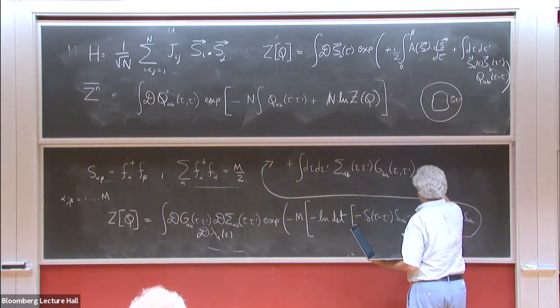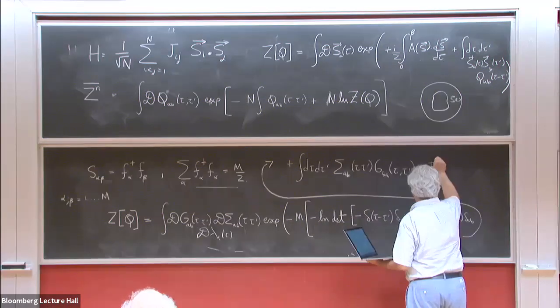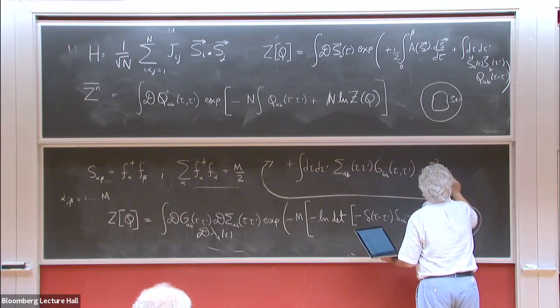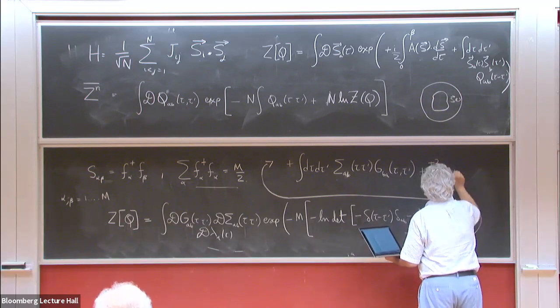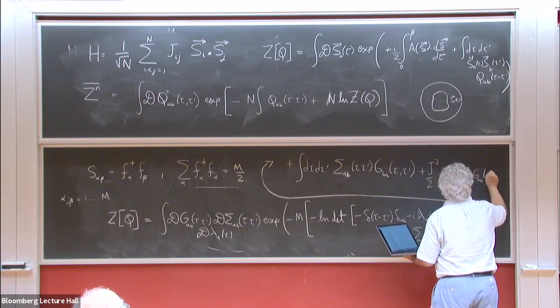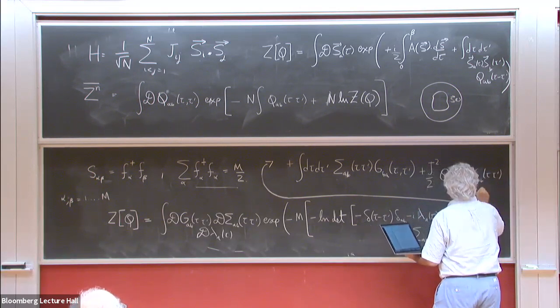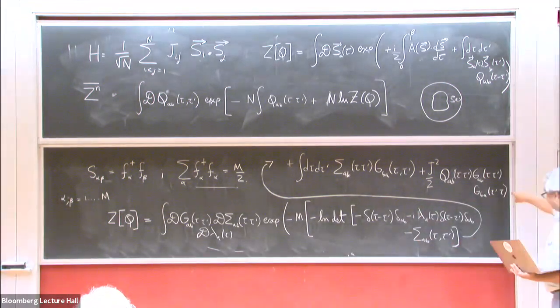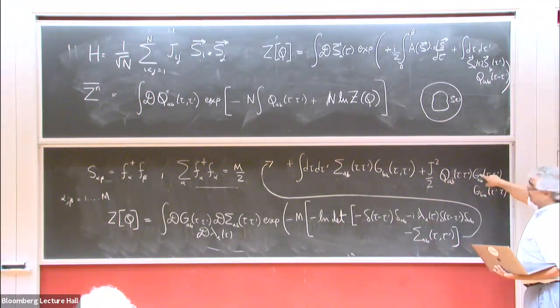The only new thing, or this is actually the older thing, is J squared over 2 times Q_AB of tau minus tau prime times G_AB of tau, tau prime times G_BA of tau prime, tau. And that's it. In the SYK model this thing is G to the power 4.